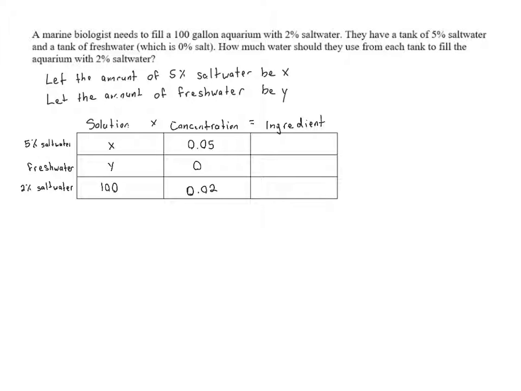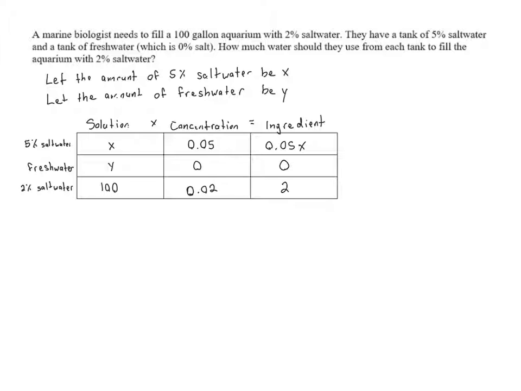Now to get the ingredients, we have to multiply across. In the first row, X times 0.05 is 0.05X. In the second row, Y times 0 is just 0. And in the third row, 100 times 0.02 is just 2.